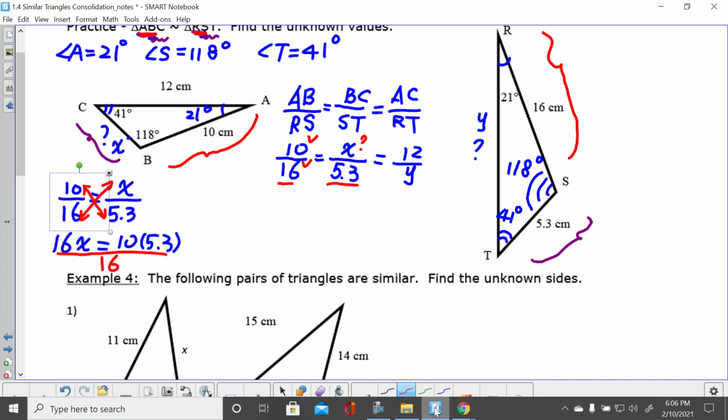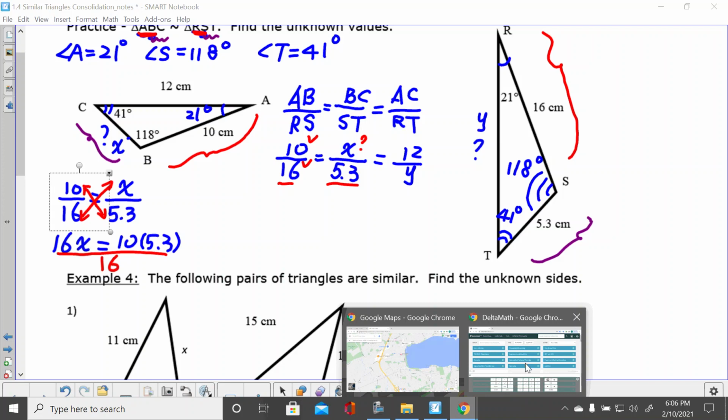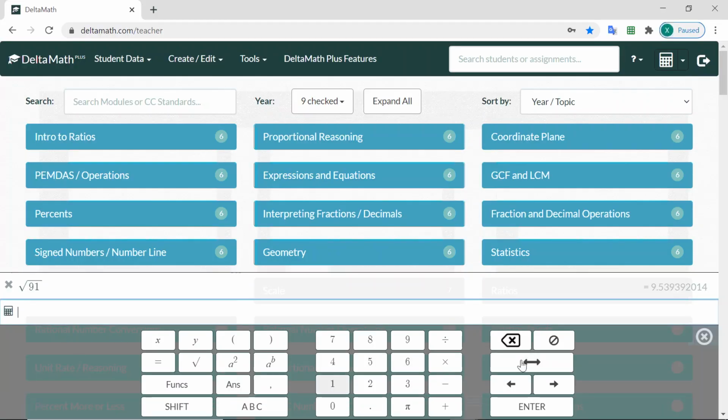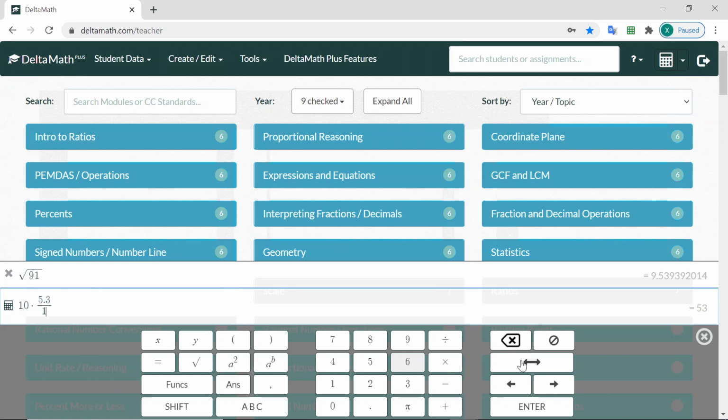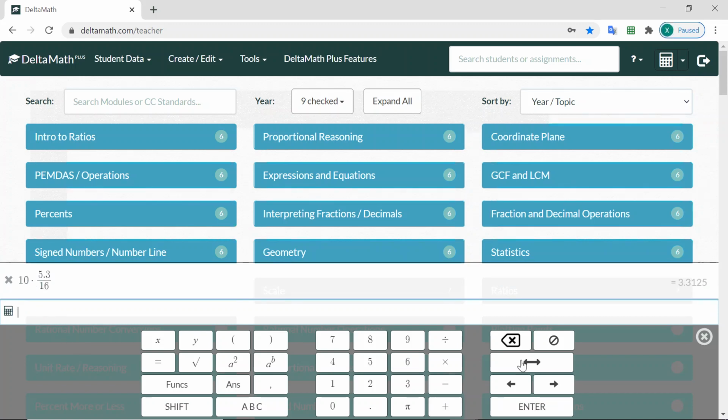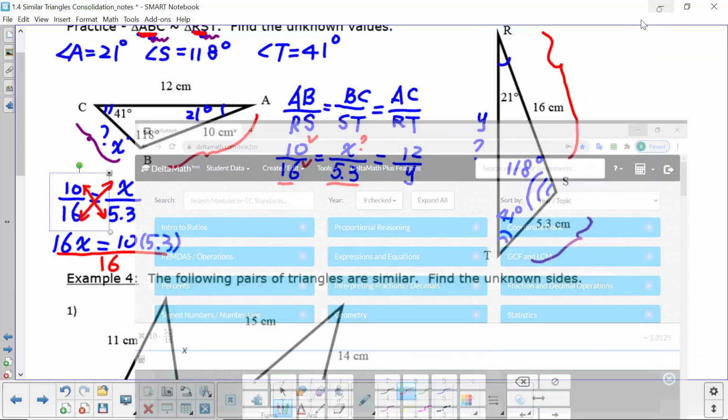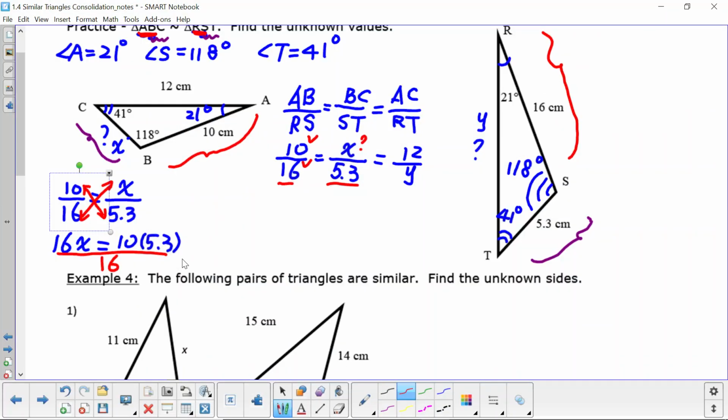Then we are going to use a calculator: 10 times 5.3 divided by 16. Then it equals 3.3. So x equals, continue. This arrow just means that my solution continues here. X equals 3.3. That is done for the x value.